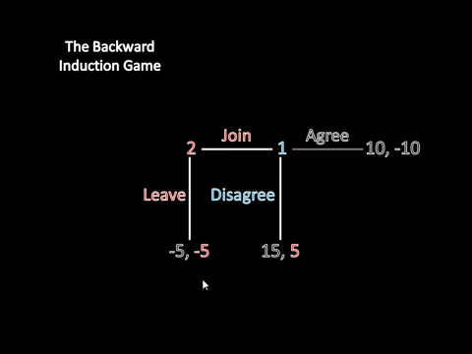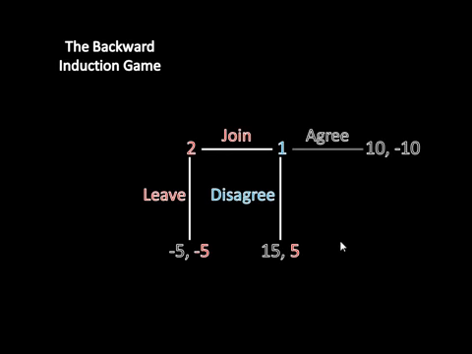Now, player 2 might want to leave if she thinks that player 1 would agree here, because that would leave player 2 with -10, which is much worse than -5. But there's just no reason why player 1 would do that. So we've replaced this payoff with this Nash equilibrium payoff. And knowing that, we can see that player 2 would not want to leave. She would want to join, and then that would cause player 1 to disagree.